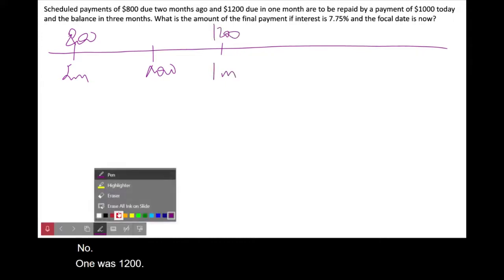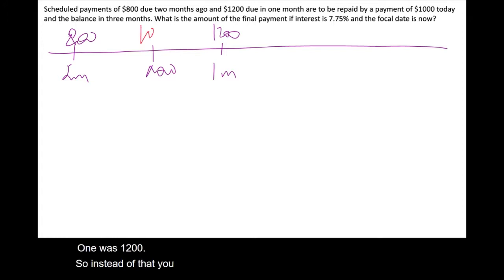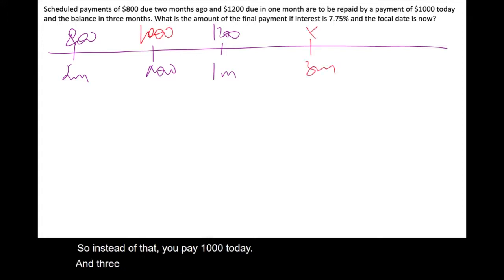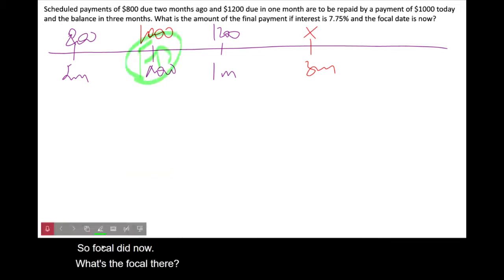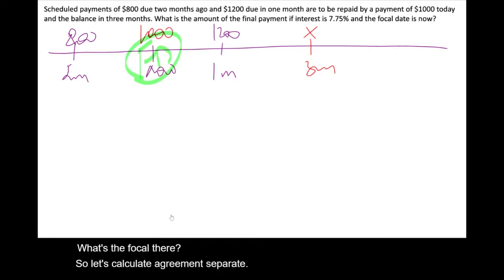So instead of that we pay 1000 today and the balance in 3 months. So the focal date is now.